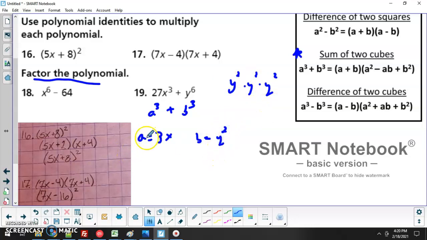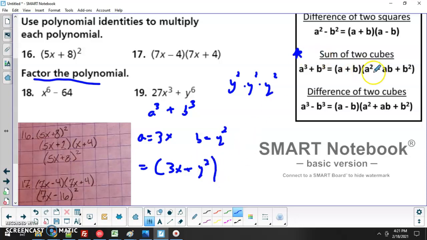So you want to establish what a and b are, and then you can just substitute it into this sum of two cubes formula there. If it's a difference of two cubes, it's basically the same thing, only the signs are different. So to factor this, you just do 3x, it's a plus sign there, plus y squared.